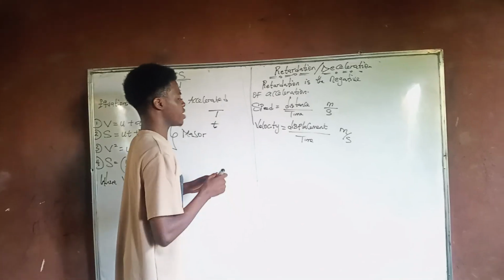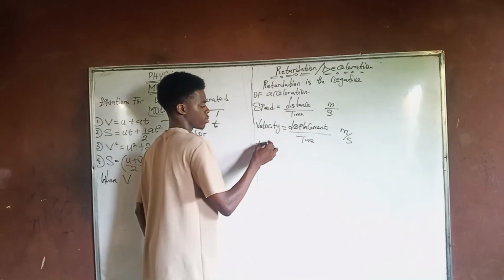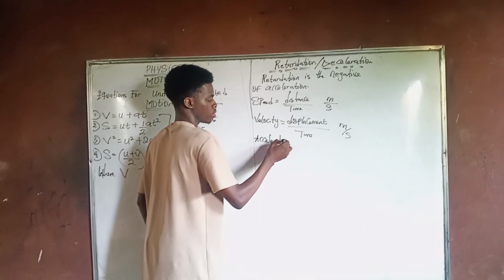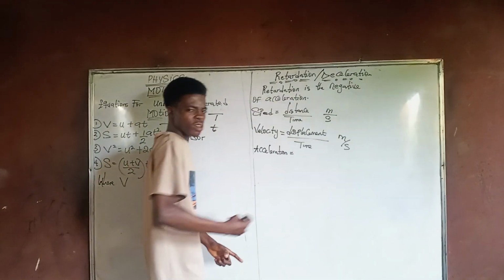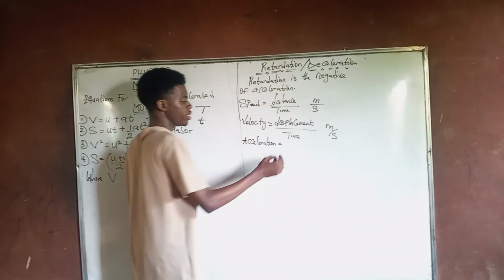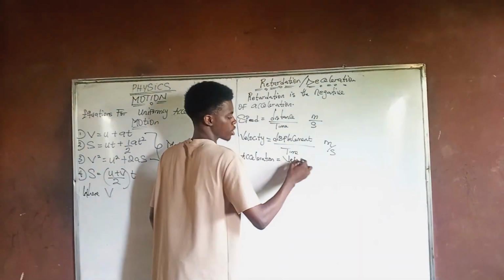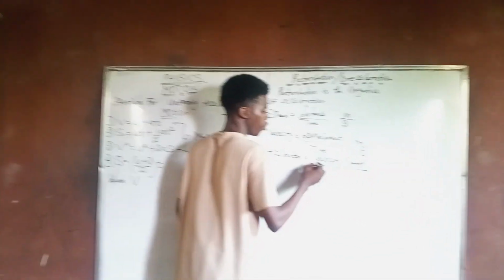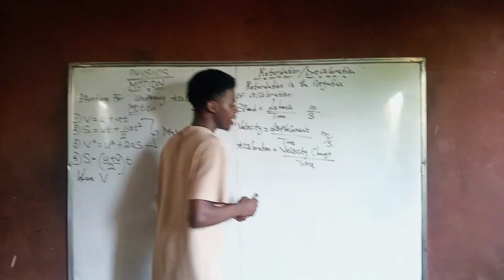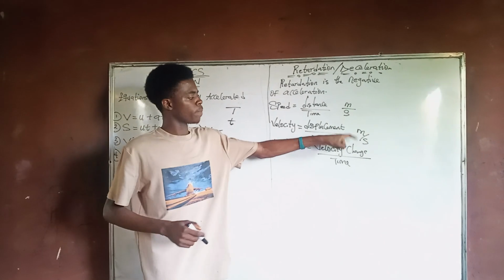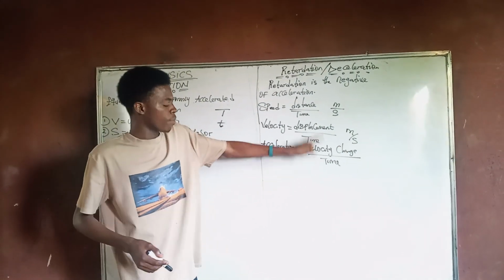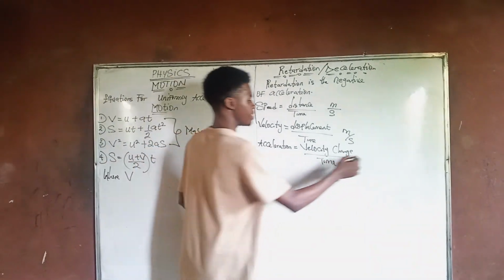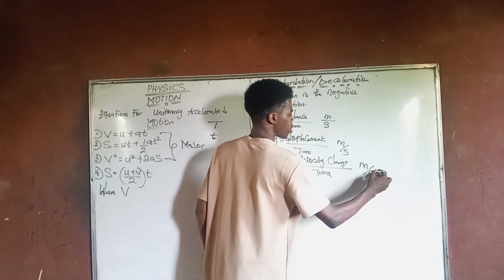Another one to talk about here is your acceleration. Acceleration is the rate of change of velocity, meaning velocity change over time. Mind you, velocity itself is in meters per second, and we are also dividing by time, so that's why here it is meters per second squared.